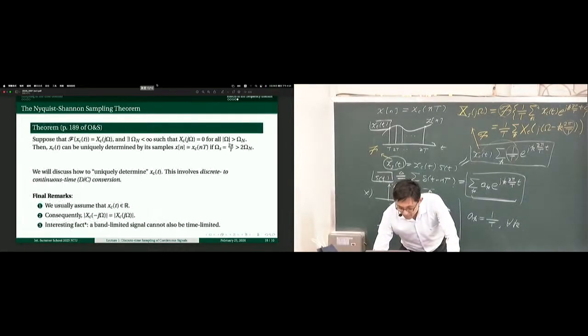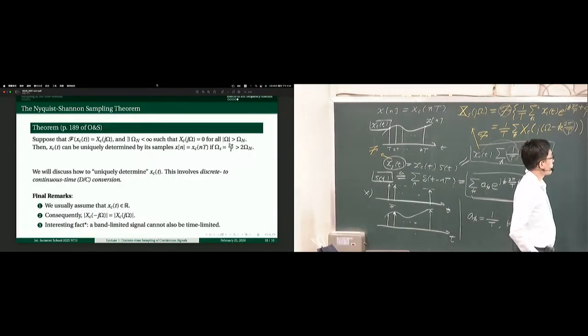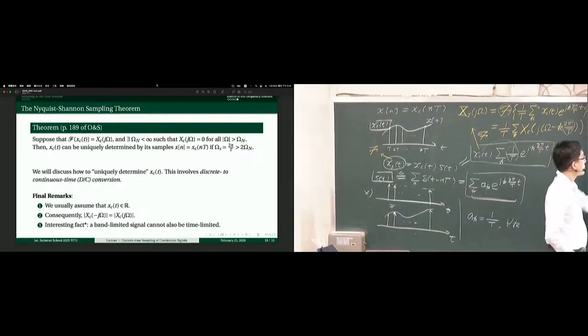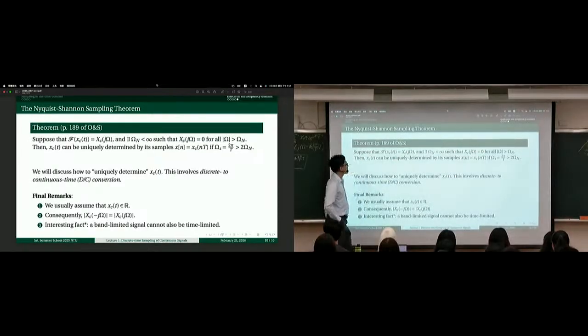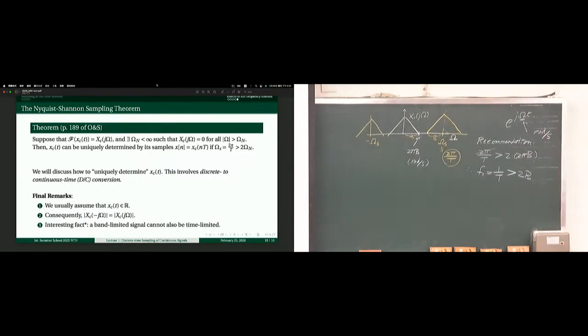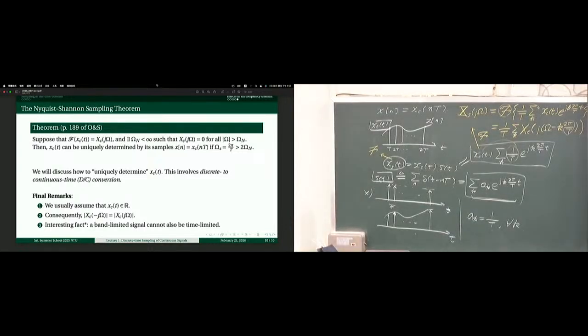So what's next? Now finally, let's take a look at the famous Nyquist-Shannon sampling theorem. It states that suppose we have a signal, we take the Fourier transform, and we have a spectrum, and suppose that the spectrum is band limited: you can find an upper bound for the frequency such that the spectral components are all zero for any frequency beyond that limit.